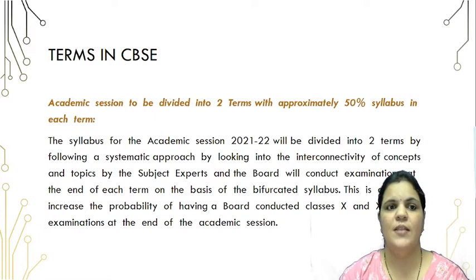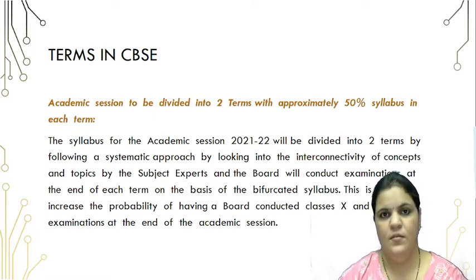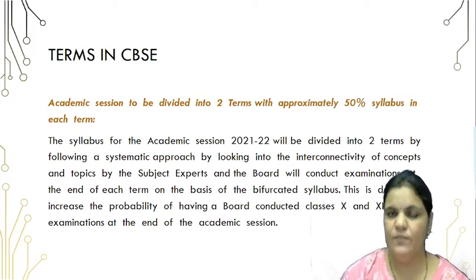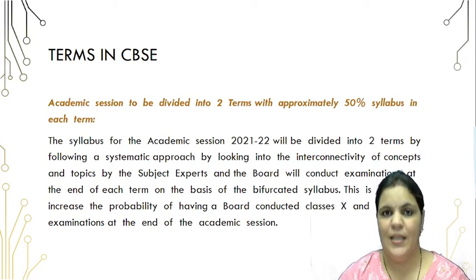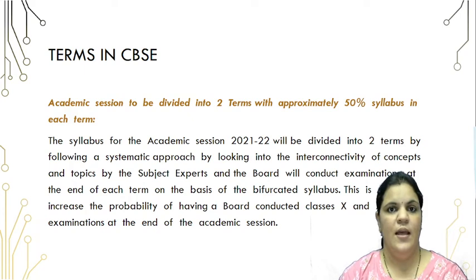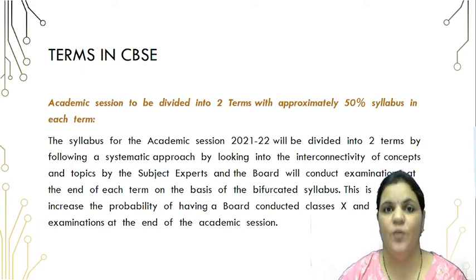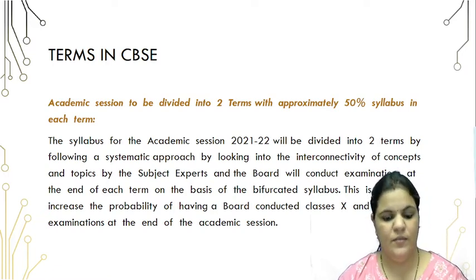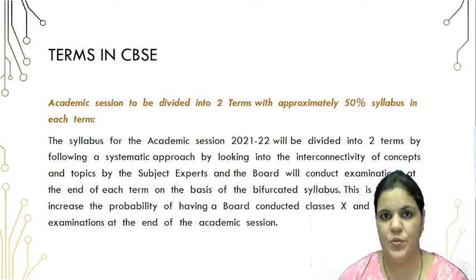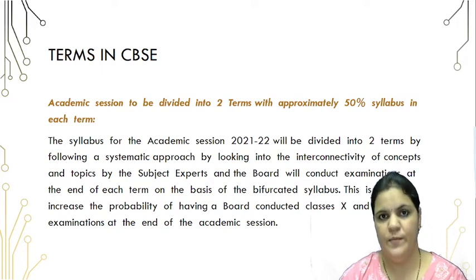If the situation is not normal in term 1 as well as in term 2, then the weightage will be given equally to both. And on the contrary, if the situation is normal in both terms, then also the weightage to term 1 and term 2 will be given equally.